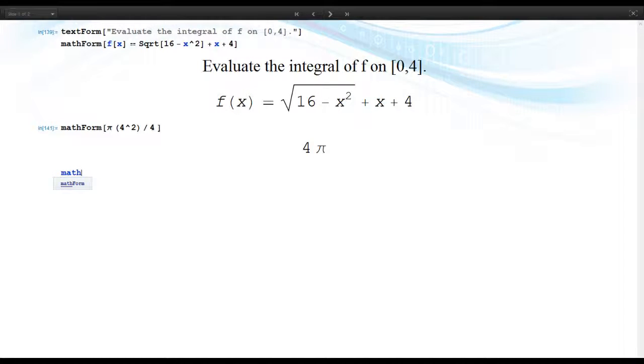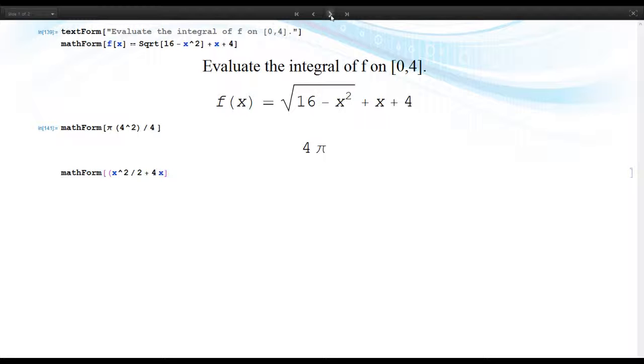So the antiderivative of x is x squared over 2. The antiderivative of 4 is 4x. So the area is going to be this expression, x squared over 2 plus 4x with 4 plugged into it, minus this expression with 0 plugged into it.